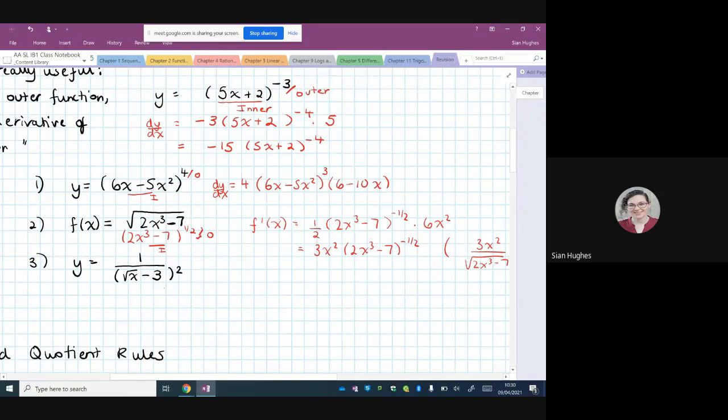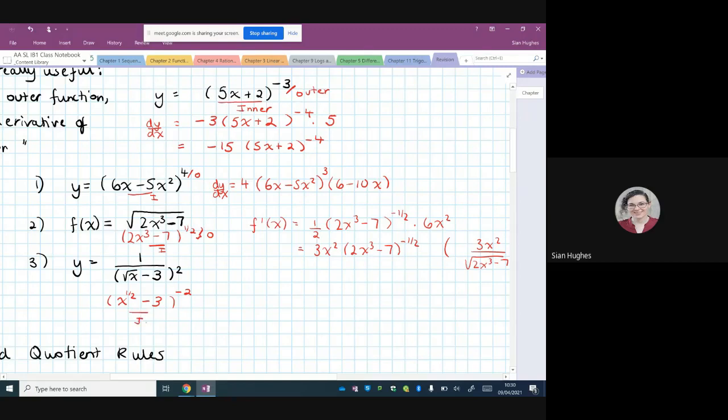And final question. So this one, again, it's not written in the nicest way to start with. So I would probably choose to write x half instead of root x, and then minus 2 for the power. So we've got 1 over something squared, so on the top I can write that as a power minus 2.